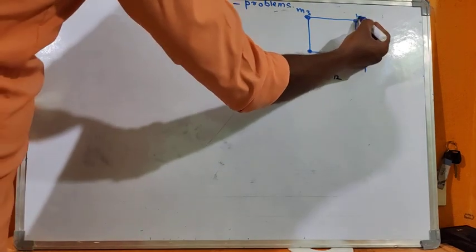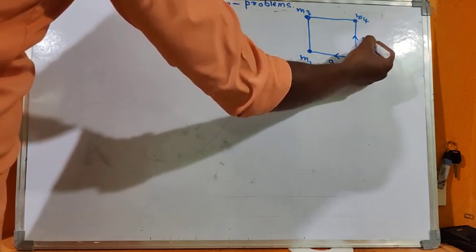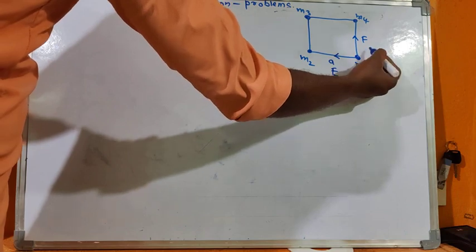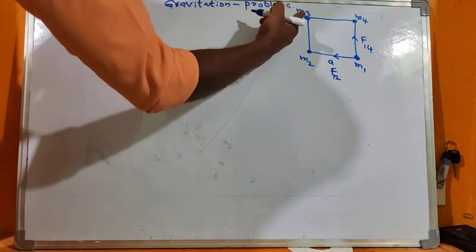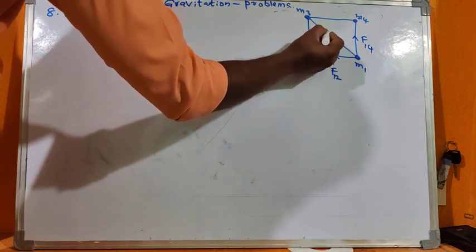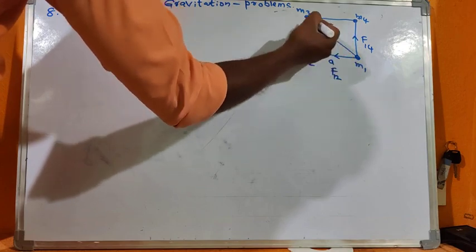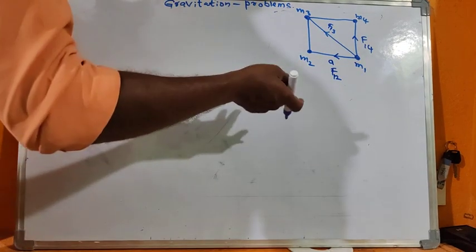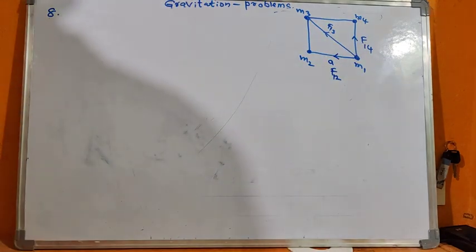Like that, the force by m4 on m1 is the force on 1 by 4. Then m3 is also applying a force on it. This is the direction of the force F13. Now we have to find out how much force is acting.